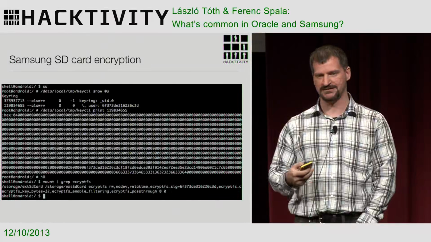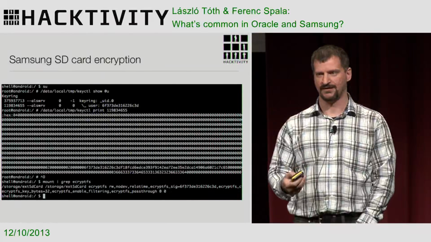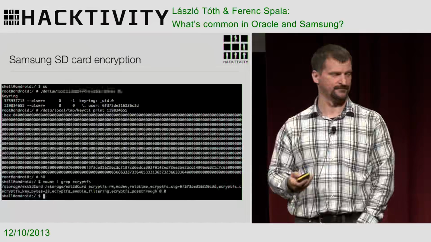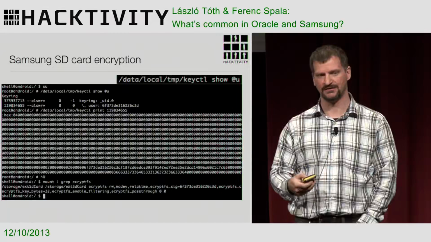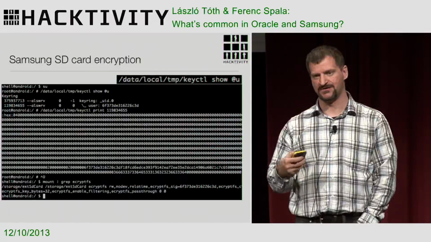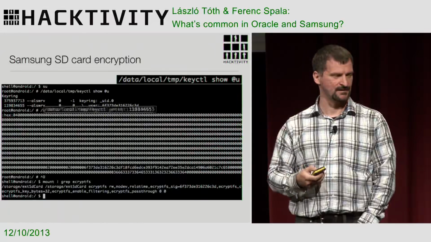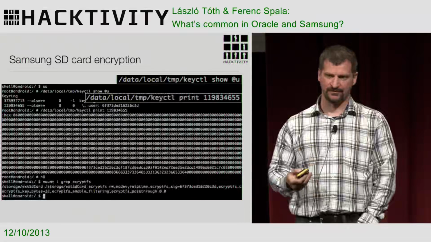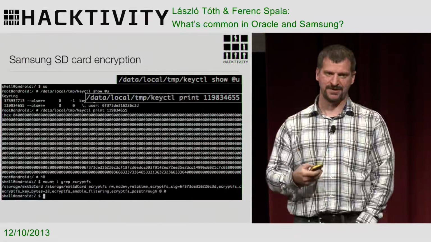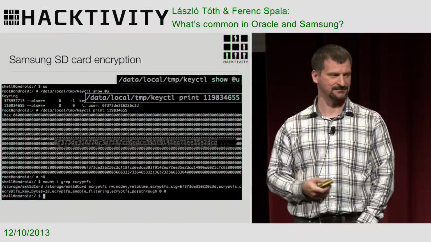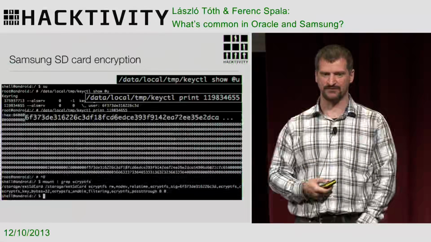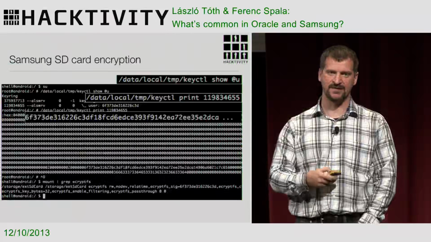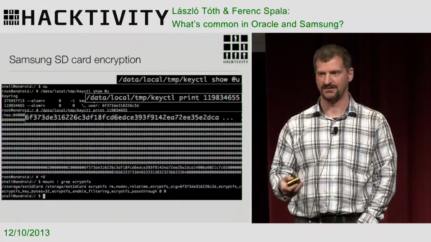I compiled the keyctl command for ARM and ran it as root on the phone. With the show subcommand, you can list the keys in the specified key ring. With the key ID from the output, you can print out the clear text key as root. So this is how you can back up your SD card encryption key. One problem solved.